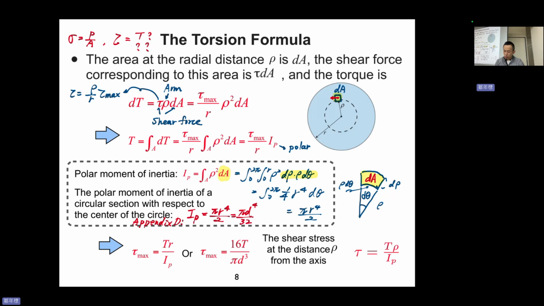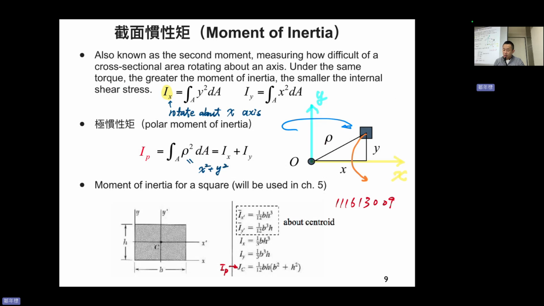So it's called polar because the rotation is in polar coordinates. And if the rotation is about an axis like x or y, you will have Ix or Iy. The x is the axis you rotate about.